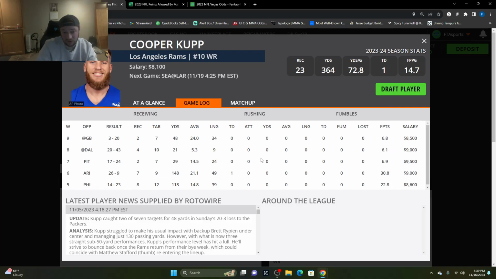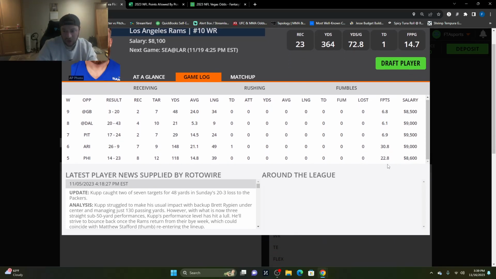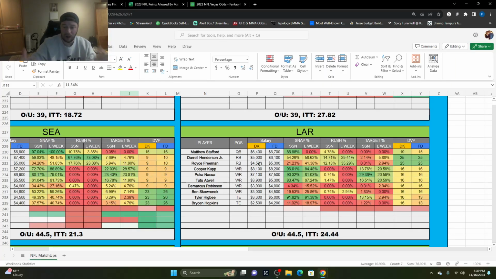Obviously, we were without Matt Stafford. With Matt Stafford here, some good games, so 2 really good games in a row and then 3 not so good games. Matt Stafford's back, probably Cooper Kupp will be back there in the middle of the pack. I wouldn't be surprised if we see Kupp go for a couple of touchdowns this week and 100-plus yards.